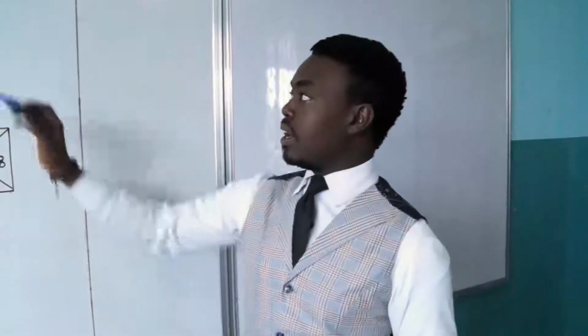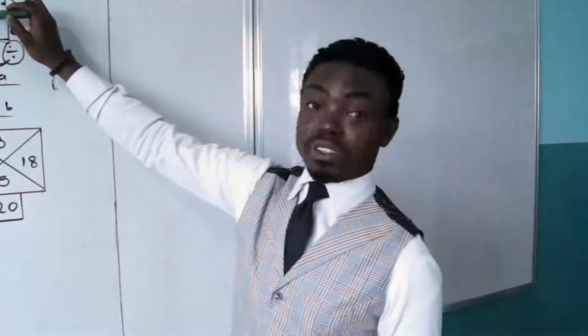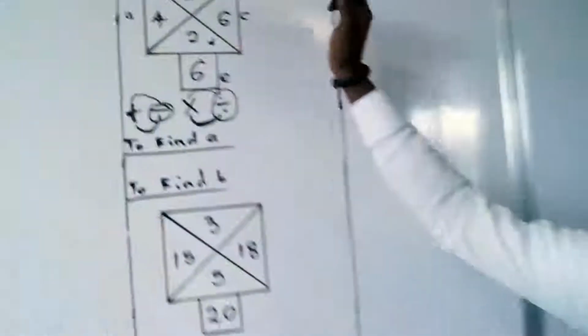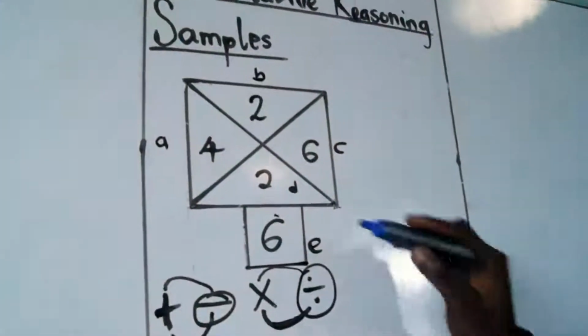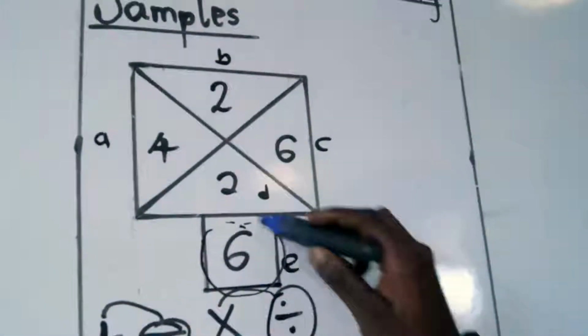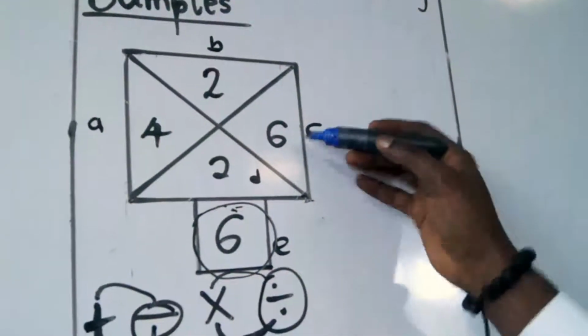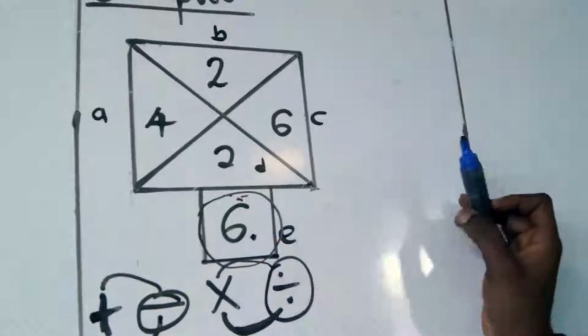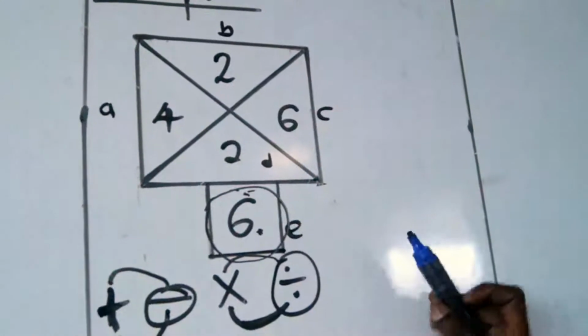The first thing I always expect my children to do is to pick out the biggest number. In this case, 6 is the biggest number here. Let's look at this 6 especially.